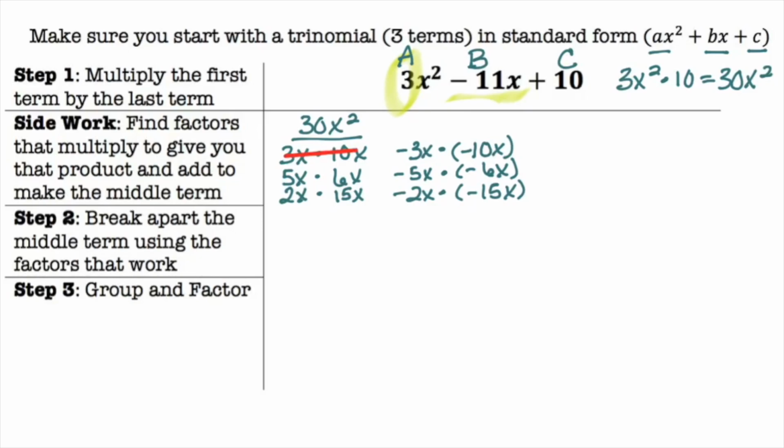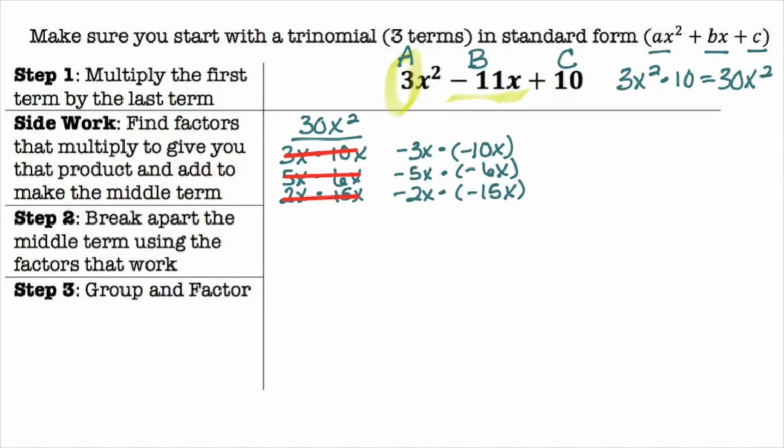So we have 3x and 10x adds to be 13x, so that doesn't work. 5x plus 6x is positive 11x, but we're looking for negative 11x, so that doesn't work. 2x plus 15x is 17x. Nope. Negative 3x minus 10x, because adding a negative is the same thing as subtracting, is negative 13x.